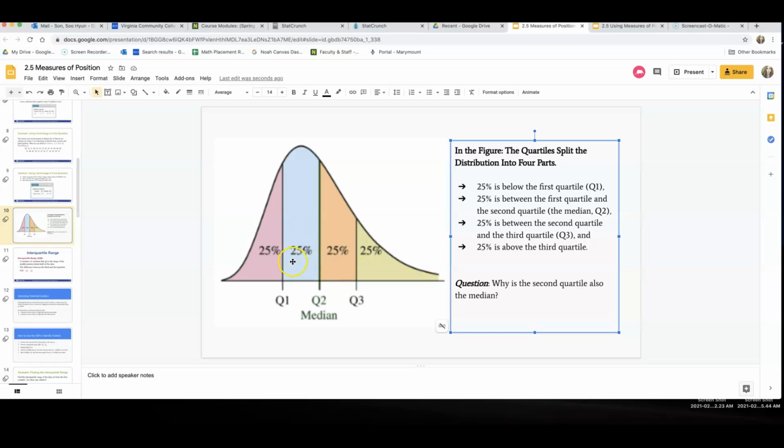And how to find that? We're gonna look at Q1 and Q3, and we'll see how long this interval is. So what you will do is Q3 minus Q1. If you want to know where the middle 50% lies in your distribution, then you're gonna do Q3 minus Q1.